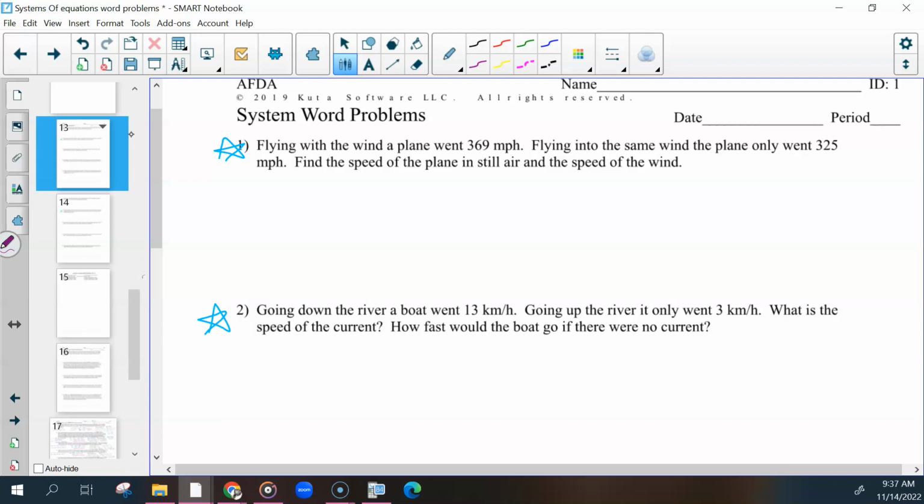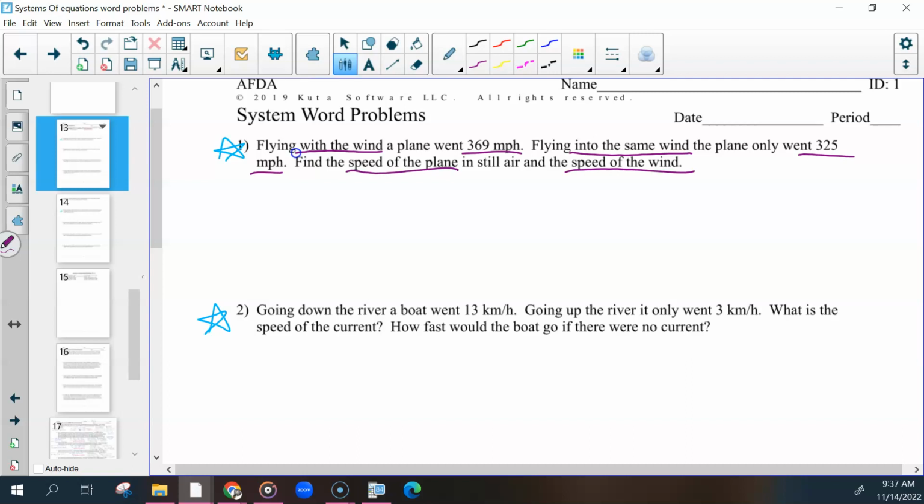So flying a plane with the wind, a plane went 369 miles per hour. Flying into the wind, the plane only went 325 miles per hour. We have to find the speed of the plane and the speed of the wind. So the two things we don't know, the speed of the plane and the speed of the wind, those are going to be our variables.